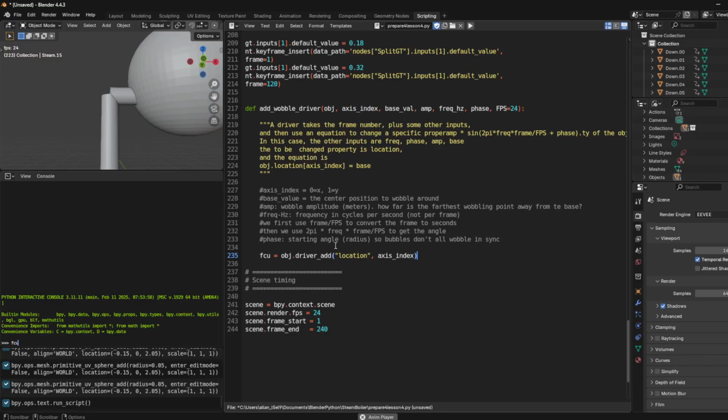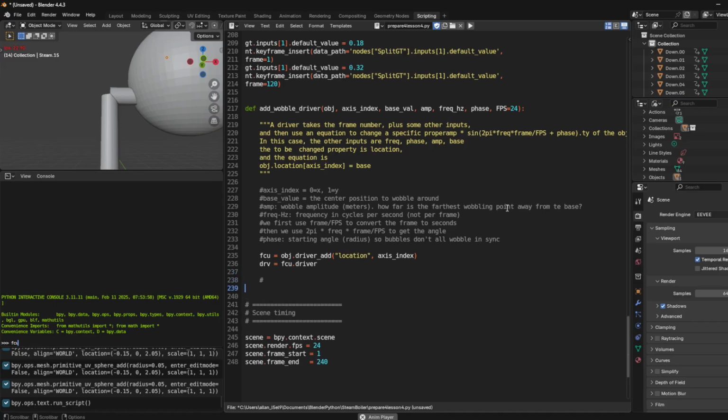So over here we have a driver, with the location and also the x or y. Then we make another variable like this so we can make an expression.